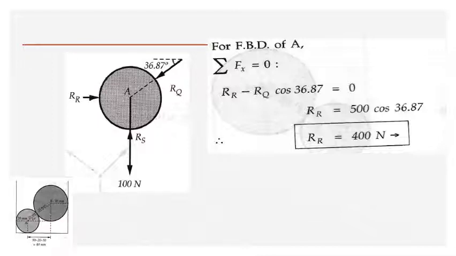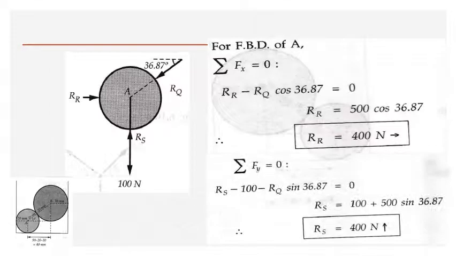Next, apply the other condition. What is the other condition? Summation of all the vertical forces is equal to 0, that is sigma Fy is equal to 0. What are the vertical forces? One is the RS, which is acting vertically upwards, so plus RS, minus 100. Why? It is acting vertically downward.